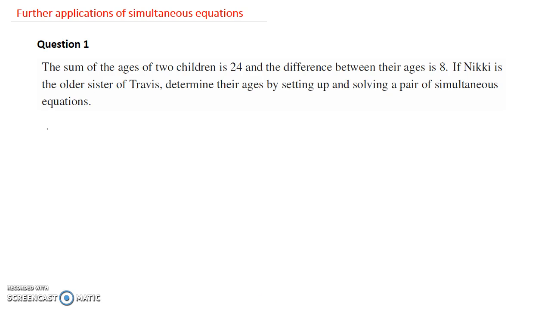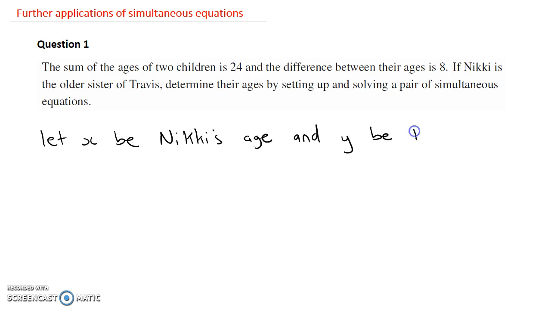Let's let Nikki's age be x. So let x be Nikki's age, and we can let y be Travis's age.